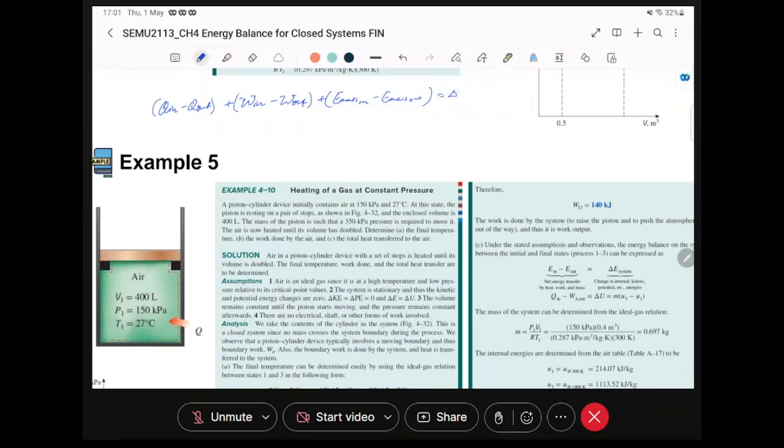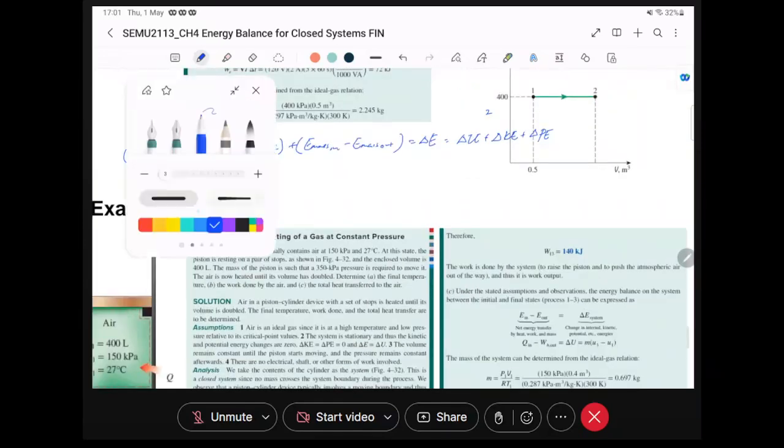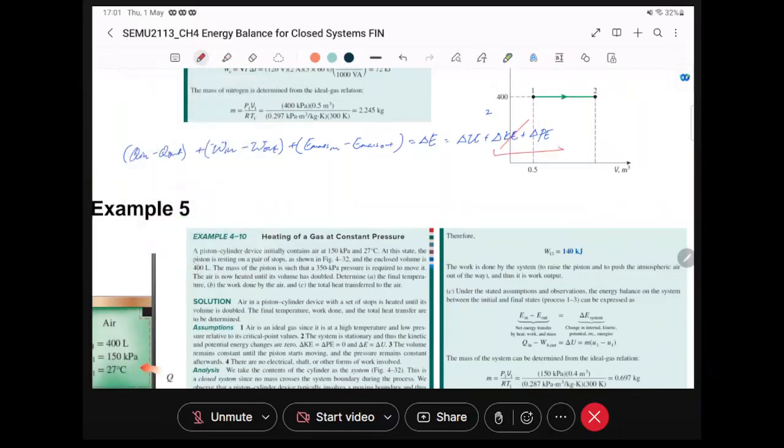Okay, this all equal to delta E, and delta E in terms is basically delta U plus delta kinetic energy plus delta potential energy. Okay, so if there is no elevation, basically these are 0, which means this equal to this. Okay, and if it's a closed system, then obviously this is 0 as well. Okay, so then everything just goes from there. This is the equation governing the system, basically.